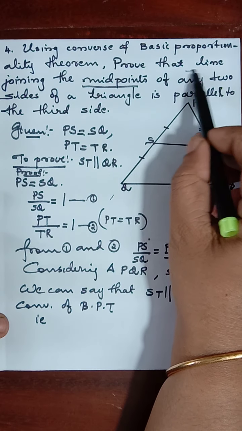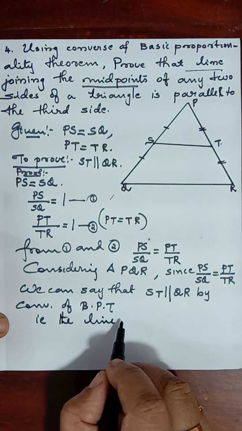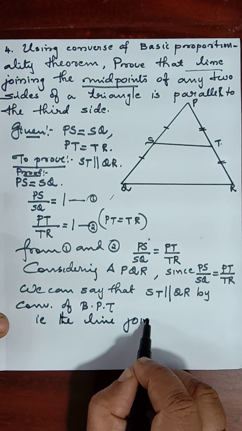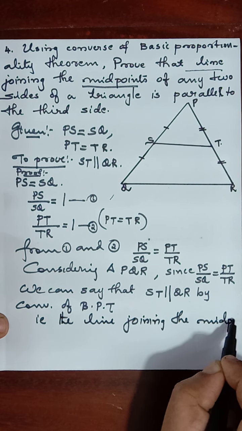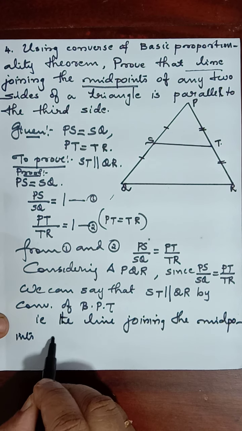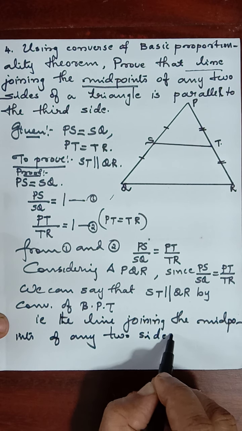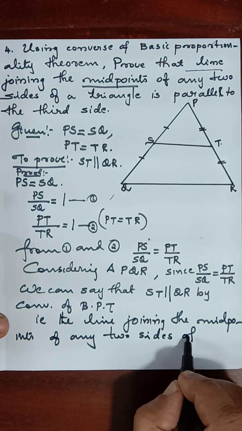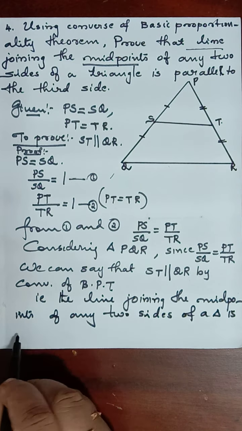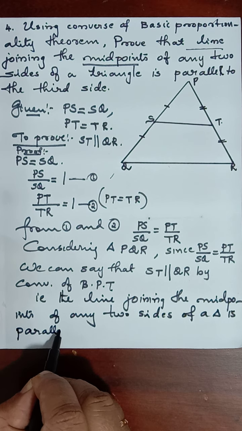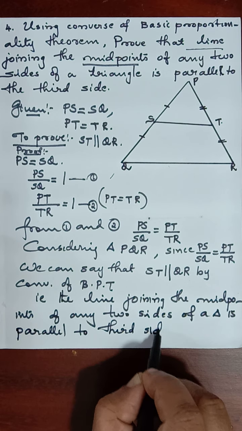Or you just choose from this, that is the line joining the midpoints of any two sides of a triangle is parallel to third side. So this is how we have proved the theorem.